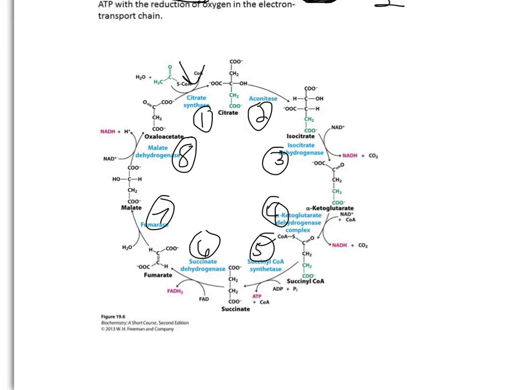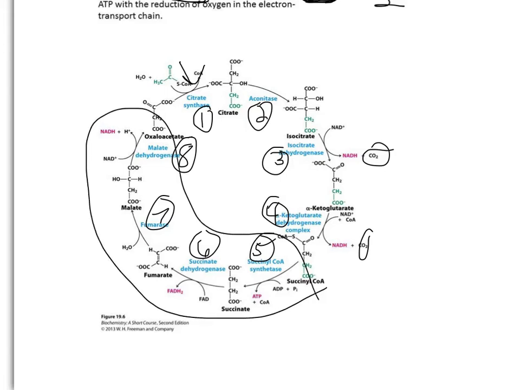Then you get a series of 2 back-to-back oxidative decarboxylation reactions. So you get 2 CO2s given off, and then you begin your energy phase, the second phase here, and you create ATP. You get FADH2 and NADH as you work your way through regenerating oxaloacetate, and then the next molecule of acetyl comes in, and it just does it all over again.